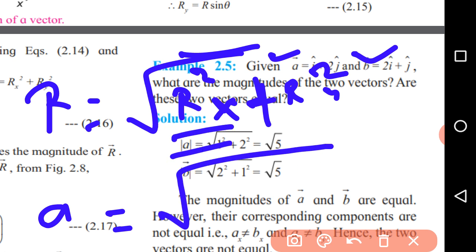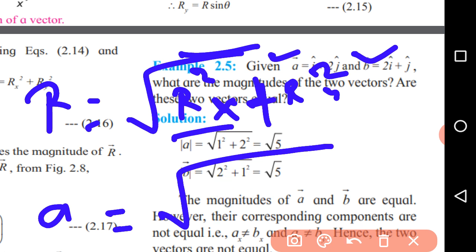Rx is the multiplicand of i cap, or Rx is the vector along i cap. So here you can write 1 square.